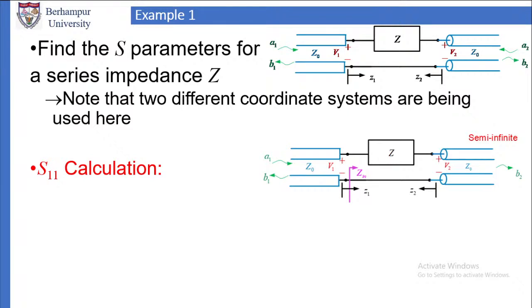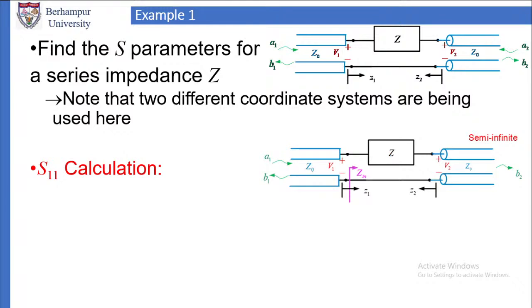Now from that point, if we look into the point, that point is Z1, so that is another thing. Z1 is the location. So the coordinate value is Z1 for that. And if you are looking towards the load, towards the impedance Z, then the input impedance is Zin from that point.